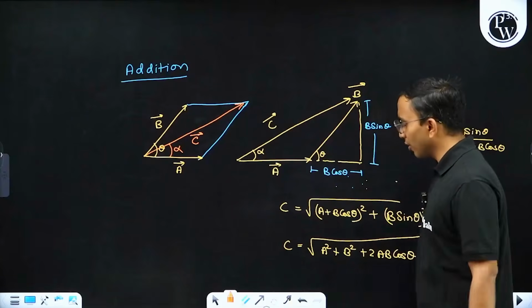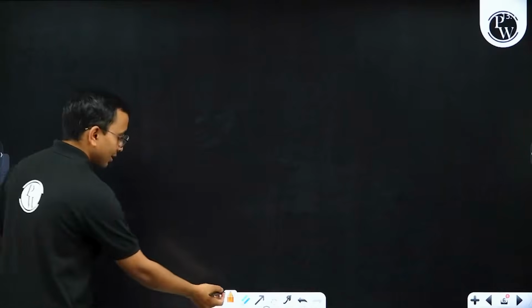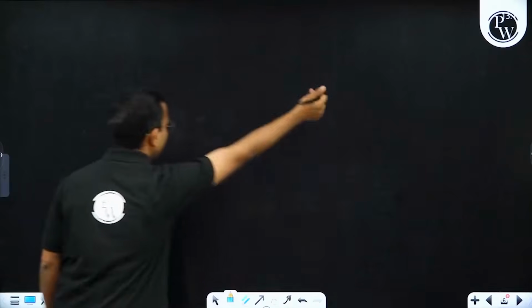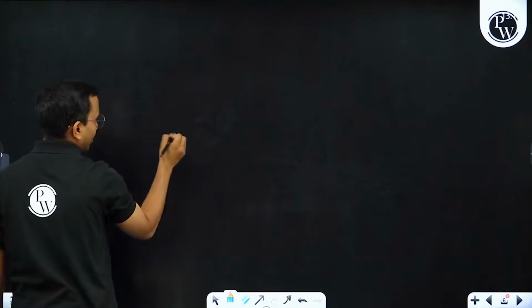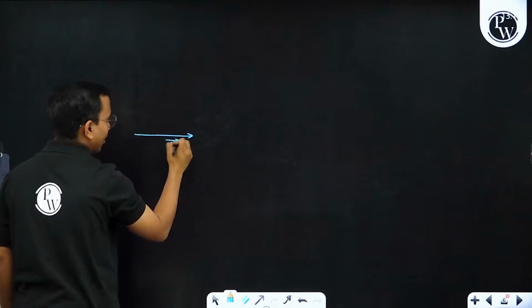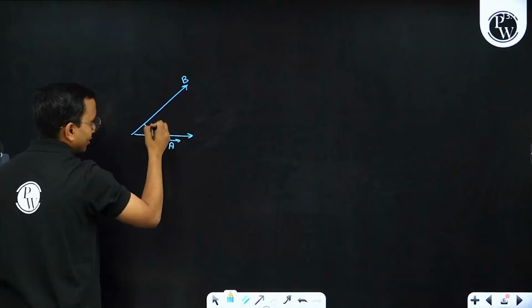Another way is, you can just take the components of the two vectors and add or subtract them in terms of their components. Like let us take the same: this is my A, this is my B, this is theta.